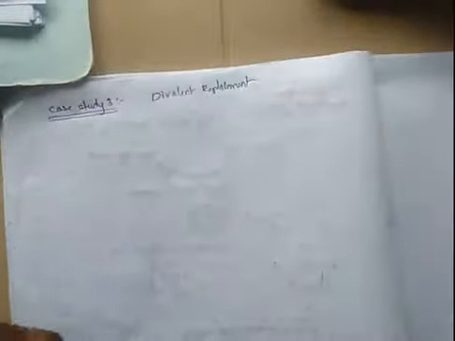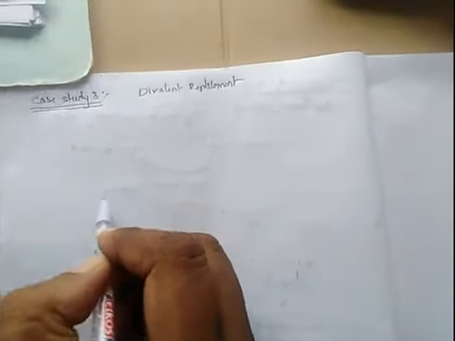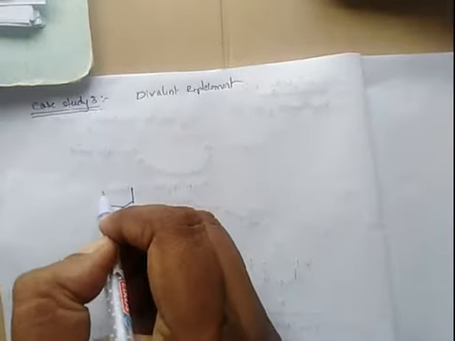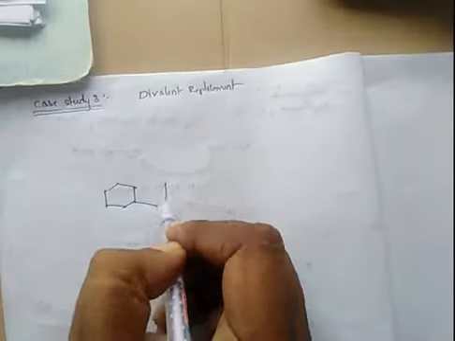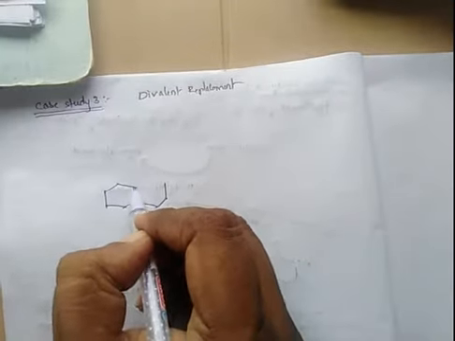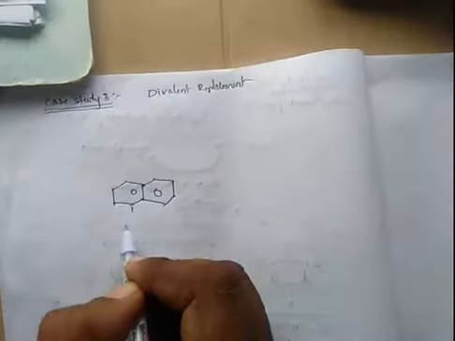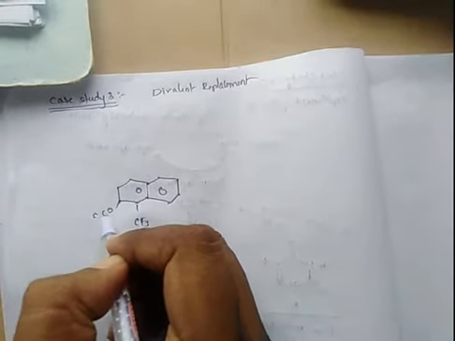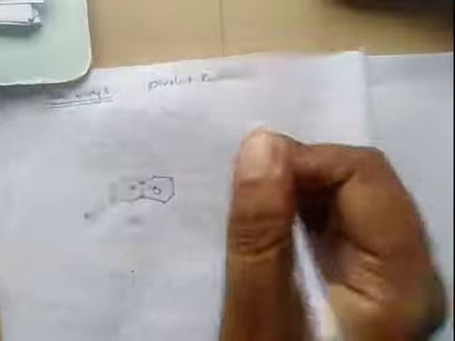The structure is here. There is a CF3. There is an ether group, OCH3.